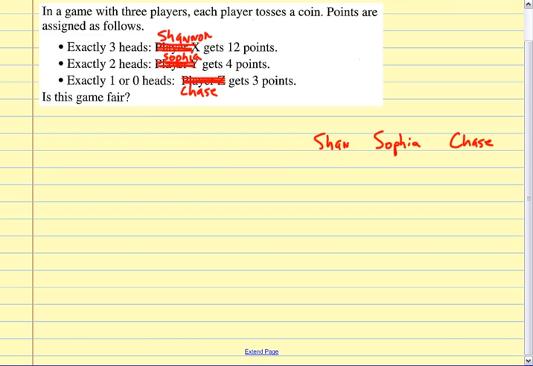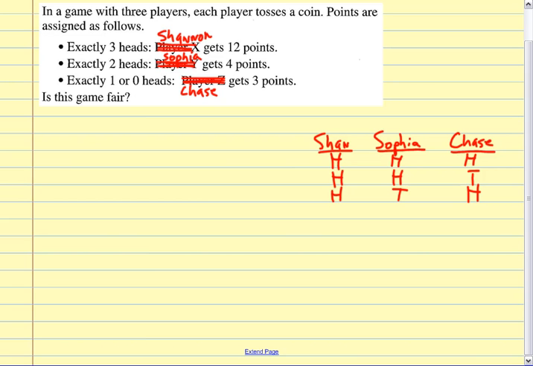If Shannon throws heads, and Sophia throws heads, and Chase throws heads, that's one possibility. Another possibility is that Shannon throws heads, Sophia throws heads, and Chase throws tails. Another possibility is Shannon throws heads, Sophia throws tails, and Chase throws heads.